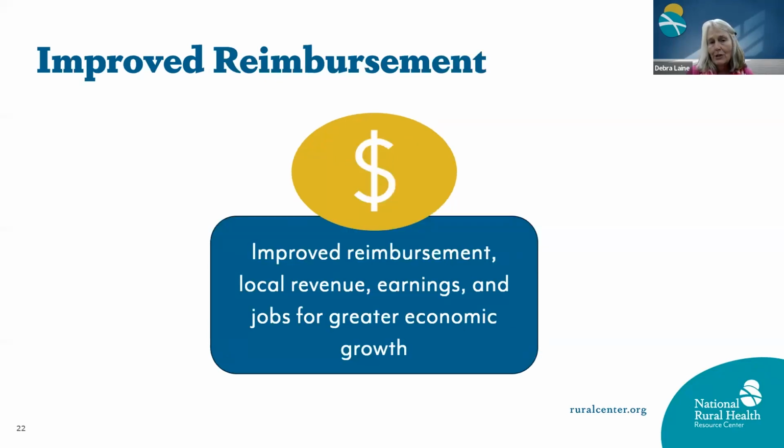Community care coordination improves reimbursement. So there's local revenue and earnings and jobs for greater economic growth. Community care coordination will affect the bottom line of your organization in multiple ways, and other organizations that you collaborate with, their bottom line is affected as well. Some very common mechanisms right now for reimbursement are chronic care management, or what we call CCM, and also TCM, which is transitional care management.